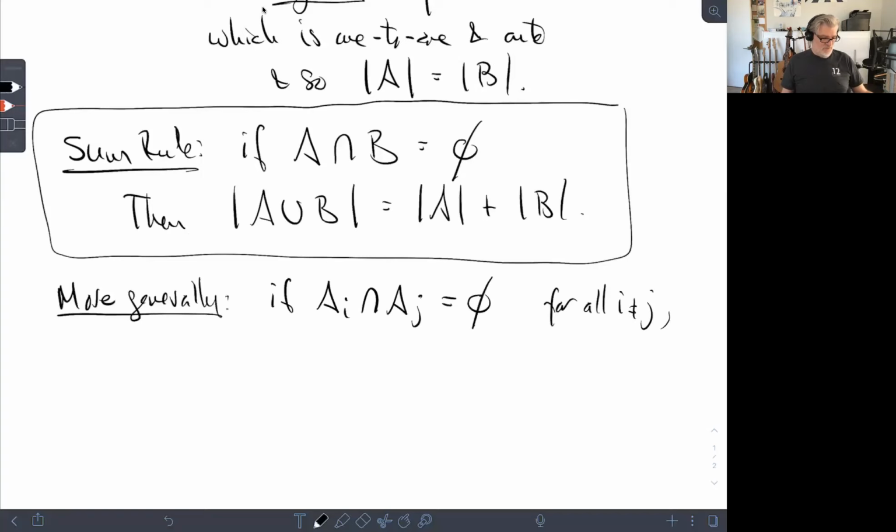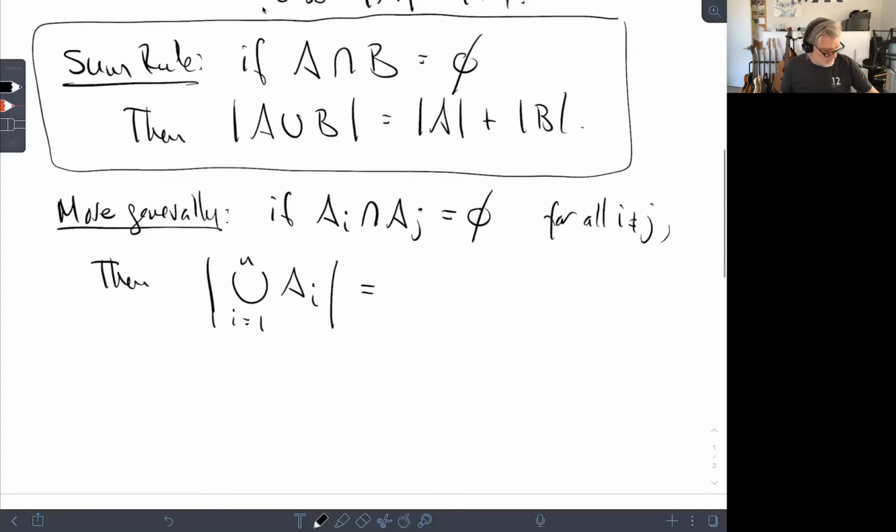So if two sets Ai and Aj are disjoint, you have a whole bunch of sets A1 to An. I mean, hopefully this notation looks okay. If you're having trouble with the notation here, okay, I'll rewrite it after, just in case.